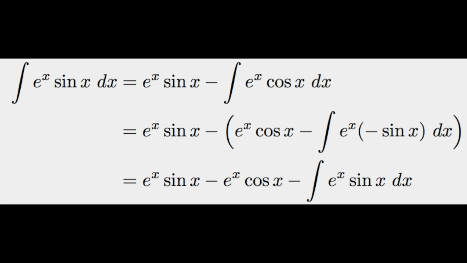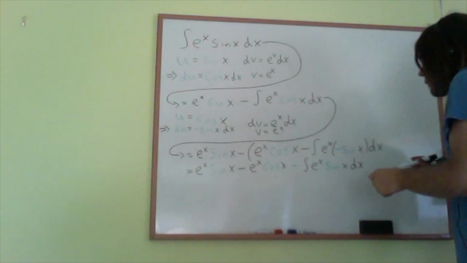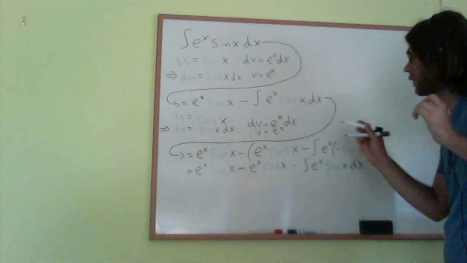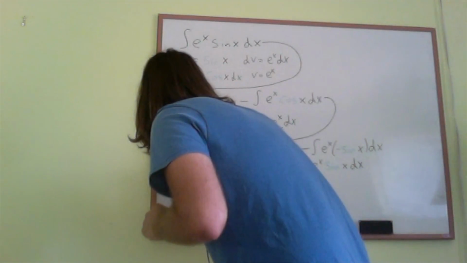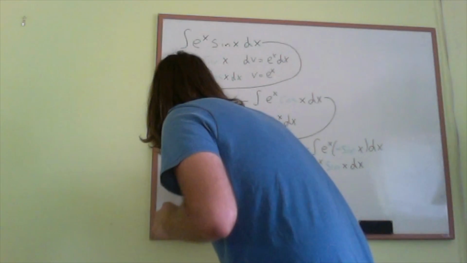Now take a look. This is exactly what we got before. So what you do is you actually add this guy to both sides. Let me write this. We have integral e to the x sine x dx over here.